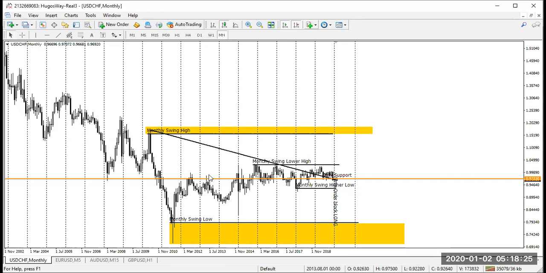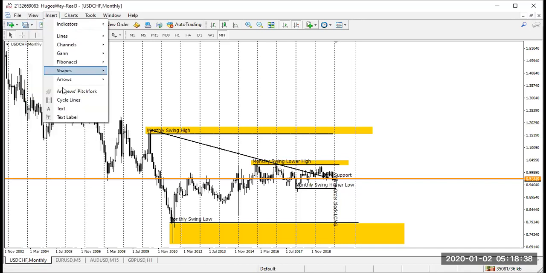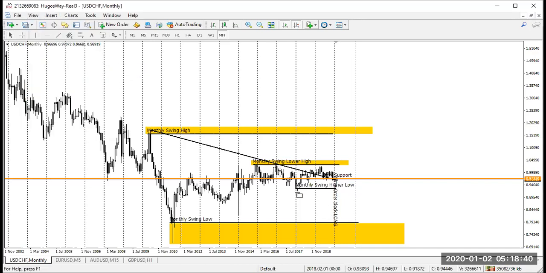All right. So in this range, I was able to identify another monthly swing high here, and then another additional monthly swing high or low.